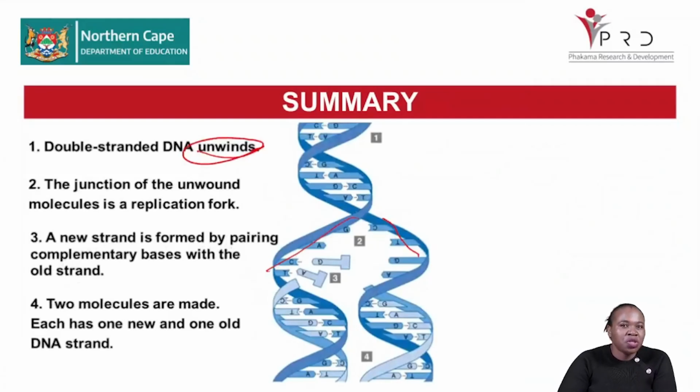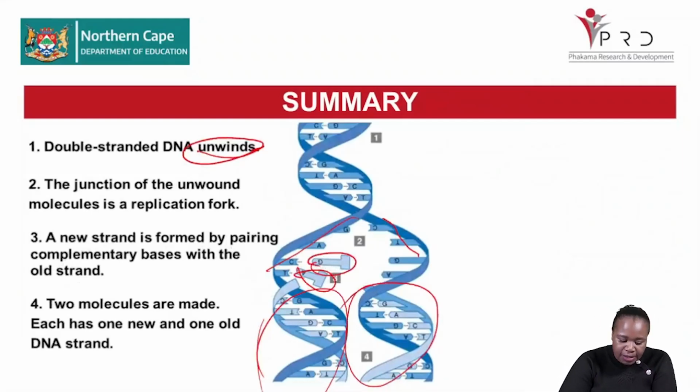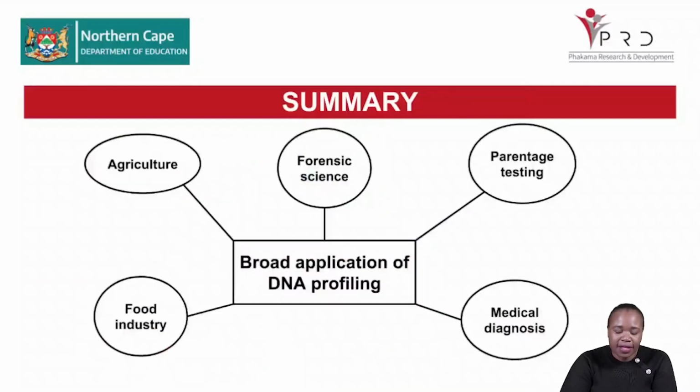Now, the building blocks, which are the nucleotides from the nucleoplasm, are going to come and join to their complementary bases. This will now result in two genetically identical DNA strands. One would have one old strand and one new strand. And remember, this process is controlled by enzymes. That is what you would look at when you're looking at DNA profiling questions.